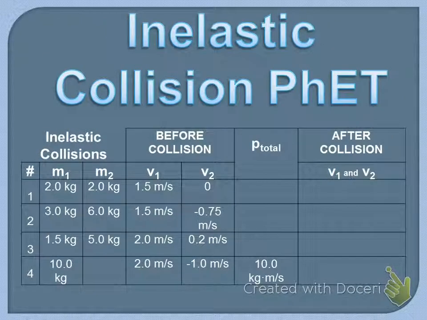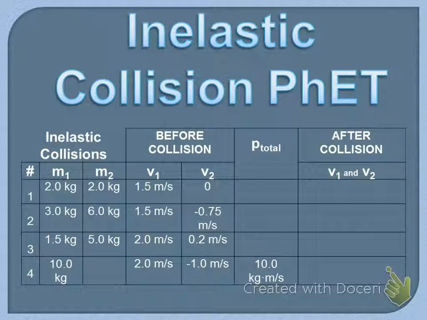Okay, so now we're going to go over the inelastic collision section of the PhET. And in a sense, this one was fairly more straightforward. Because you're given the masses of both objects and the velocities of both objects, you have to calculate the initial velocity times mass for object 1 and the initial velocity for object 2 times its mass.